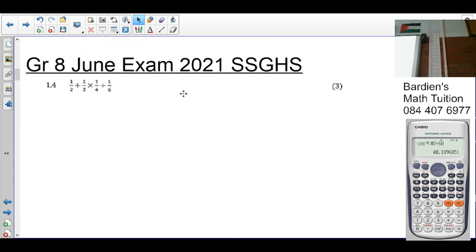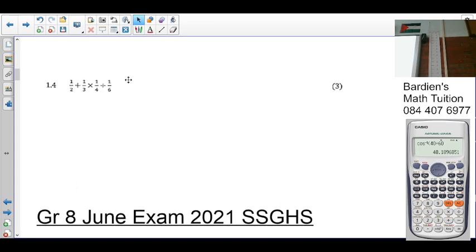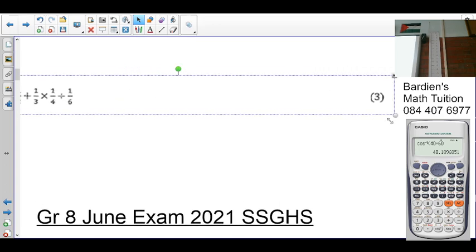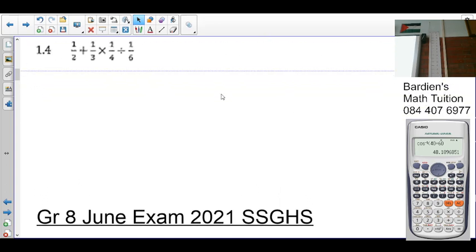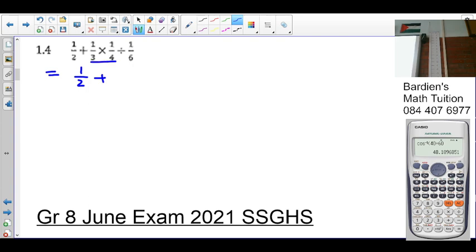Okay, let's look at 1.4. So you've got the fractions here. So you've got 1 over 2 plus, what must be done first here? Multiplication. I can do that first. Not so, we can change the division to multiplication as well, and tumble and tie. So I could have simplified the third and a quarter first, then it's going to give you 1 over 12 times 6 over 1.